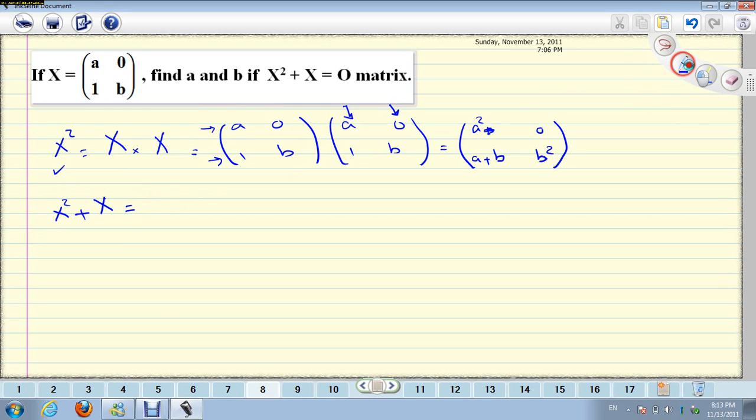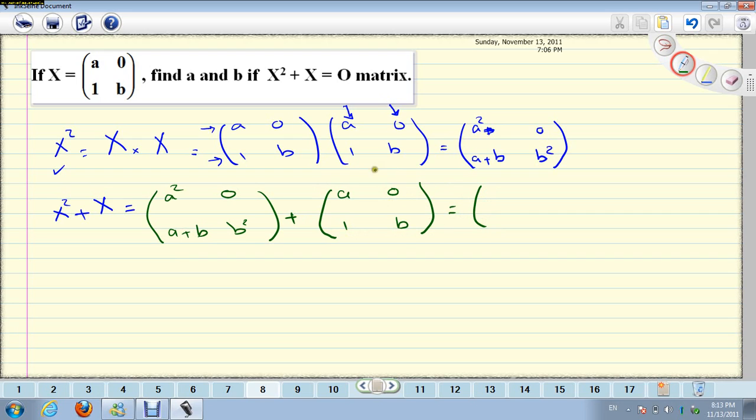Okay, let's use another color. X power 2, which is A power 2, 0, A plus B, and B power 2, plus A, 0, 1, B. Okay, let's add now.